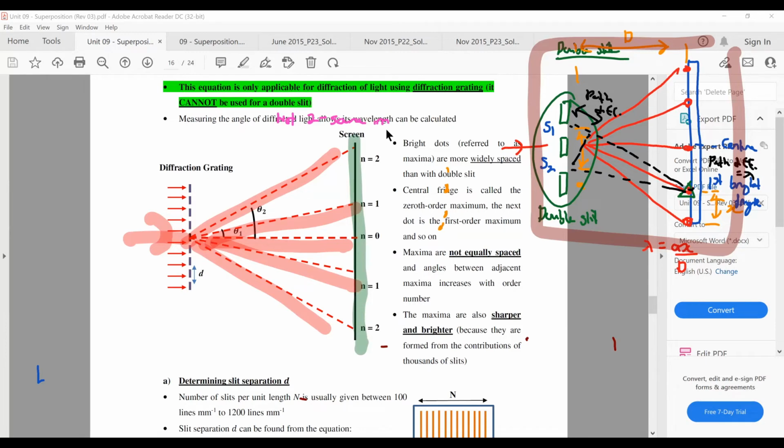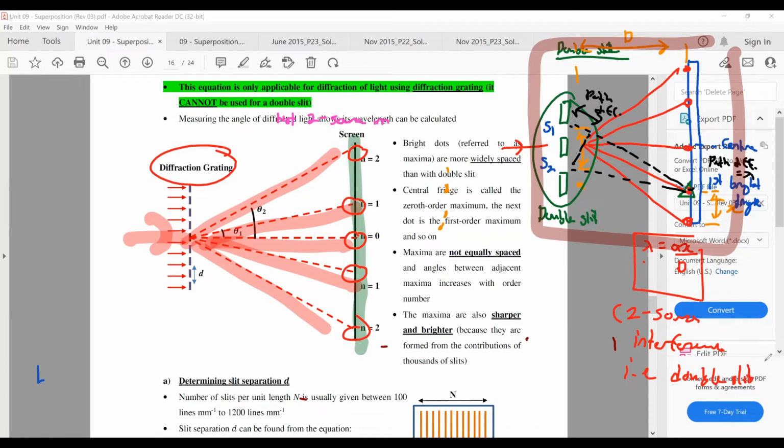What you then see is a pattern of bright dots, similar to your pattern of bright and dark fringes for double slit. But when it comes to the calculations for the patterns formed by diffraction grating, you do not use lambda equals ax over d. This one is strictly speaking only for two source interference, such as your double slit.